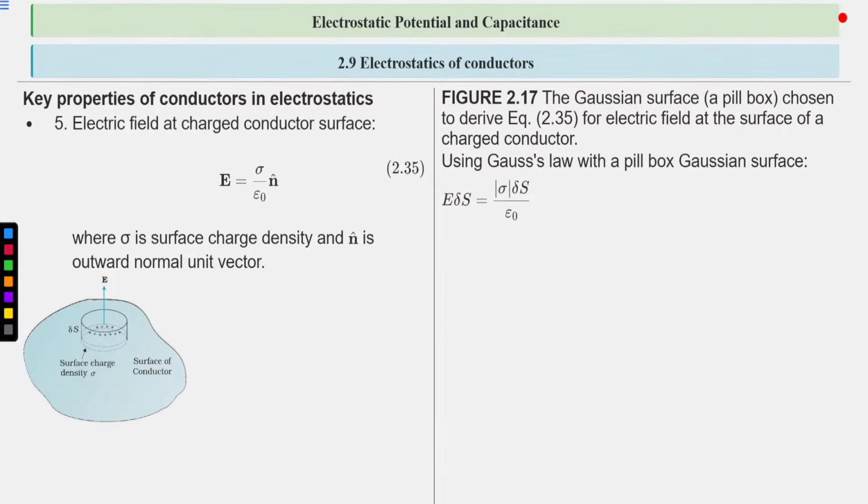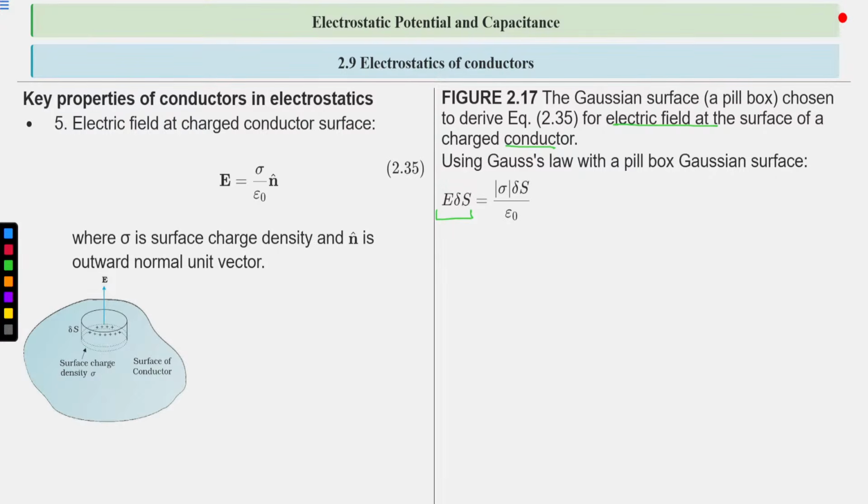What is the figure showing? The Gaussian surface, a pillbox chosen to derive the equation for electric field at the surface of charged conductors using Gauss law. Applying Gauss law, electric flux is E times area, so E into delta S equals charge upon epsilon naught.